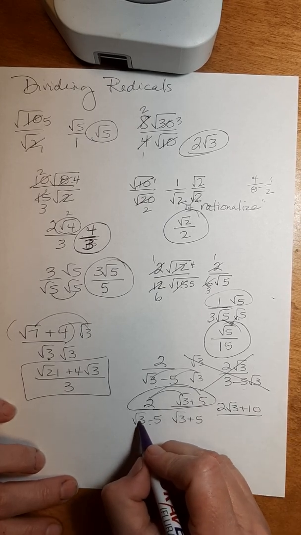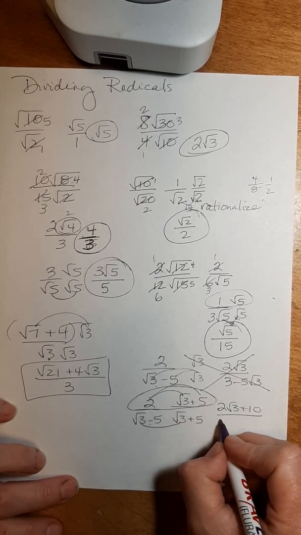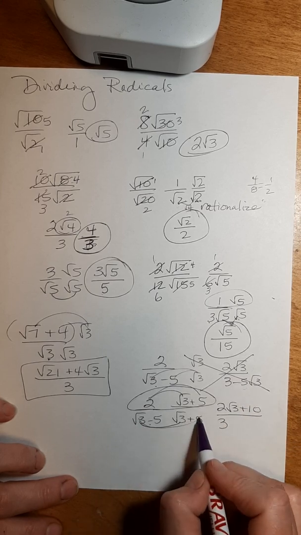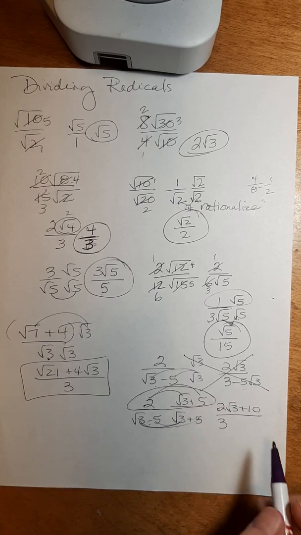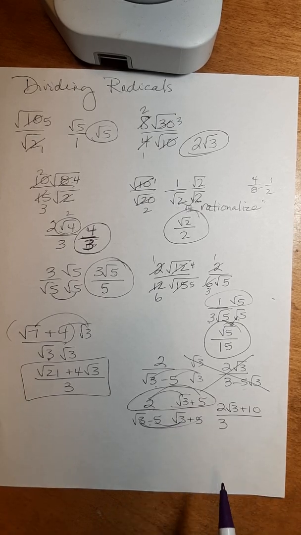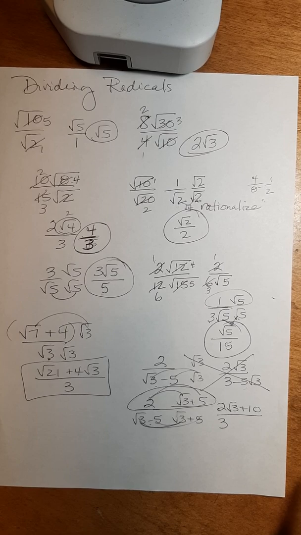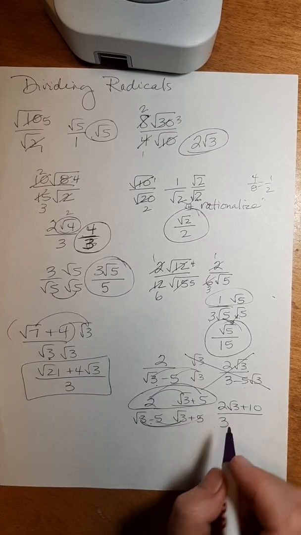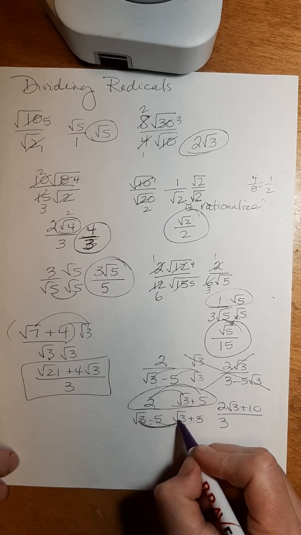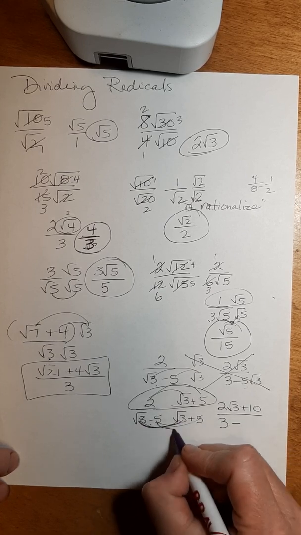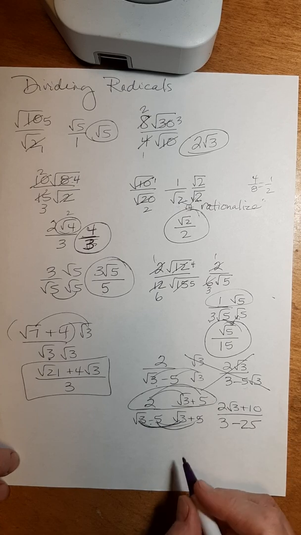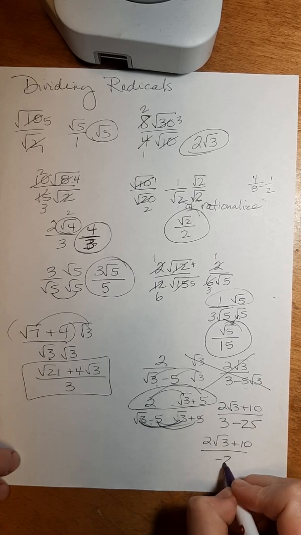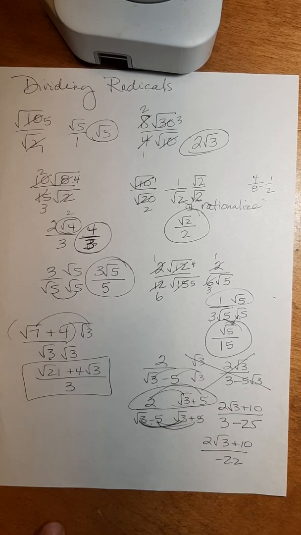Then down below, square root of 3, or 9, or 3. Now notice how 5 square root of 3, negative 5 square root of 3, on the conjugates, the outers and inners should always cancel. So that being the case, if you're doing the denominator with conjugates, the shortcut is always first minus last. So 2 square root of 3 plus 10 over negative 22.